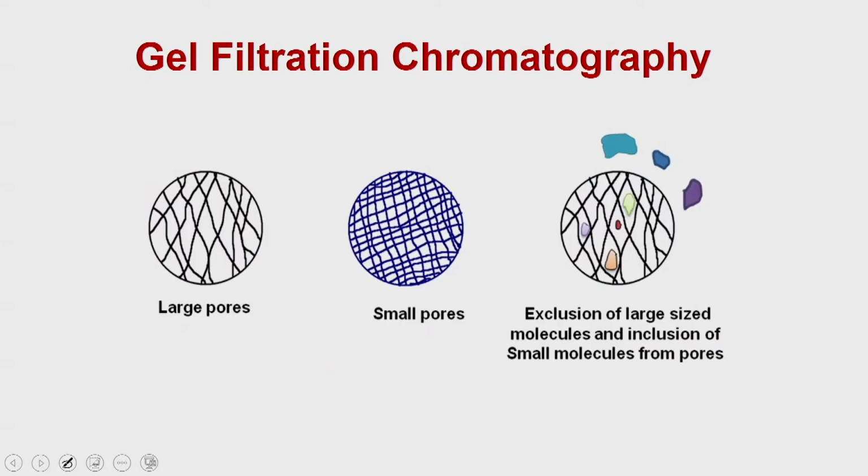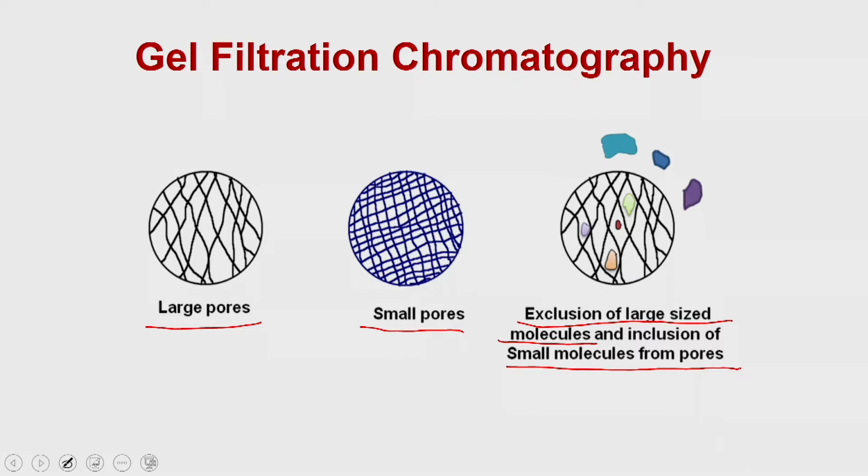So, in a typical gel filtration you have beads with large pore size and beads with smaller pore size, and when you put the molecules through this, the large molecules are going to be excluded, whereas the small molecules are going to be included. This is exactly the reverse.